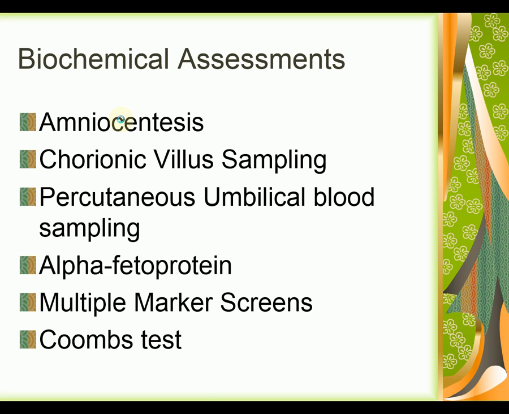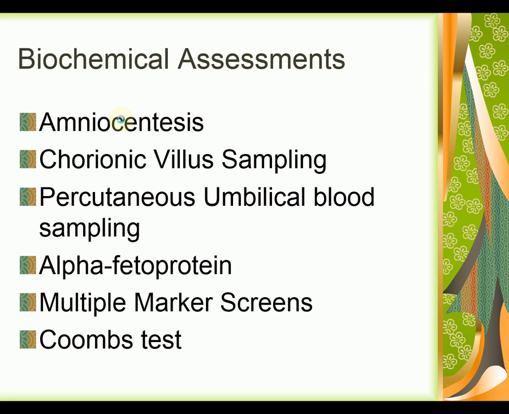So they also have multiple marker screens that you can use. There's a quad screen and there's a triple marker screen. Used to be just triple markers were all they use, but they now use the quad screen, and this is to increase the accuracy for screening for Downs in women that are older.